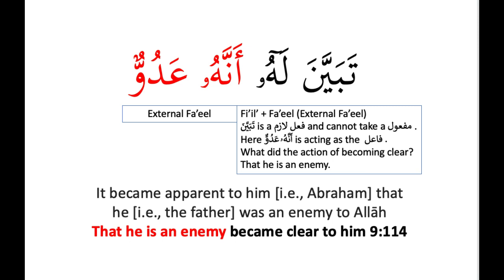So the role of external file in a sentence where the fail has got one of these two hidden file, huwa or hiya, meaning he or she or it, an external file will replace the internal or hidden file like that. I hope you understood this. If you haven't, it means you are a little bit weak on the Jumlatul Fi'liya structure. Please go back to that lesson in the module 1, inshallah.